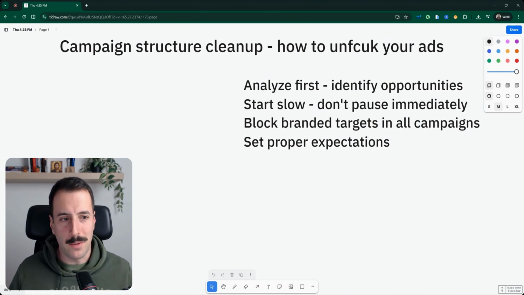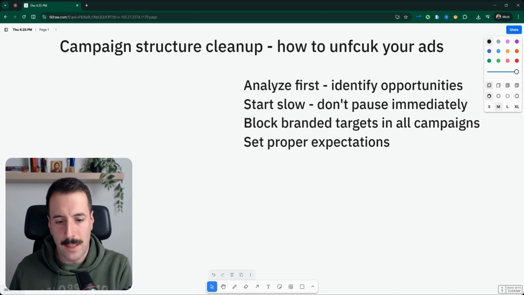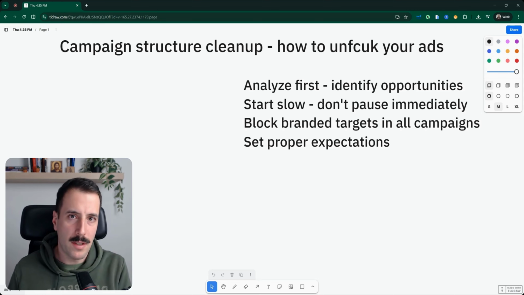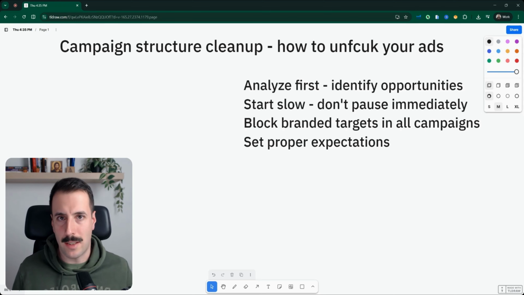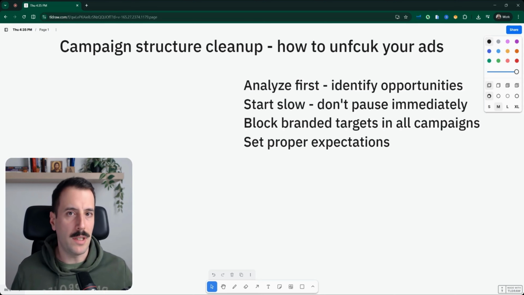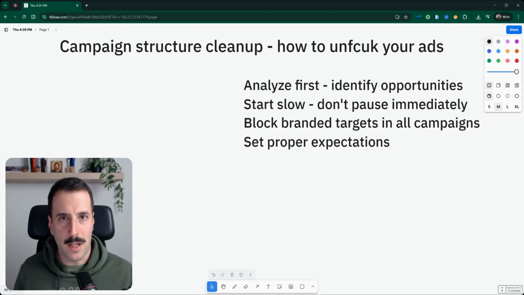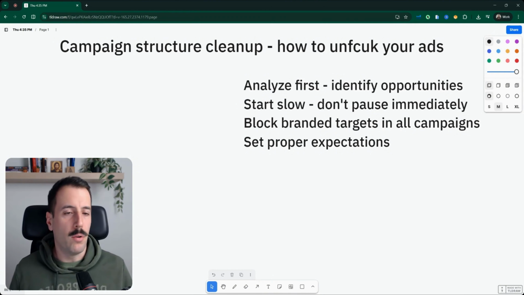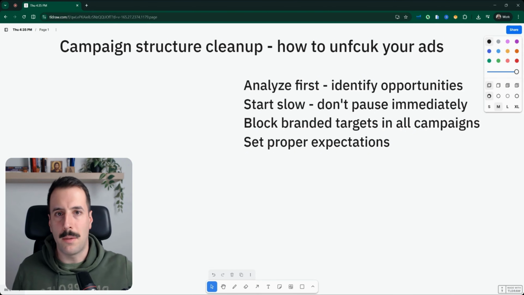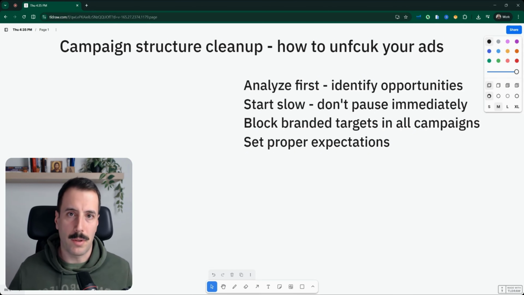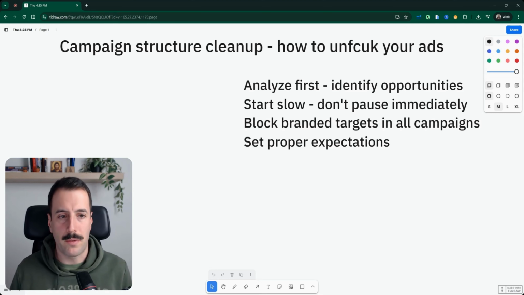So I'm trying to give you an overview. You want to analyze and see what's going where, keep what's working, and extract what has some potential, and create new campaigns. When you see that the new campaigns have started to perform really well, or even okay, that's good, then pause the ad groups or campaigns that were not performing as well.